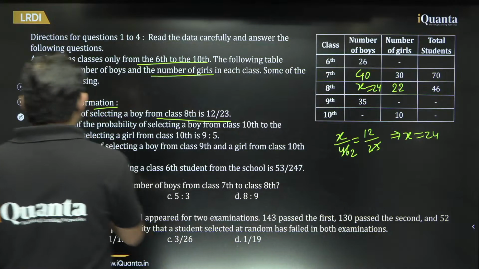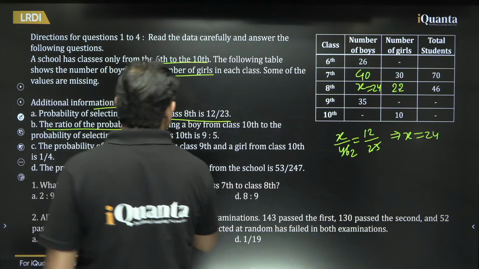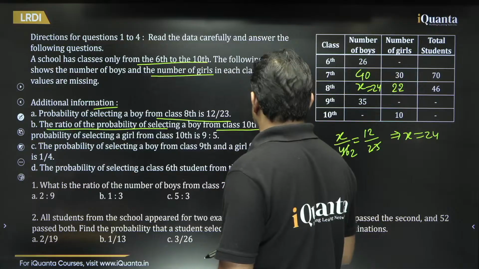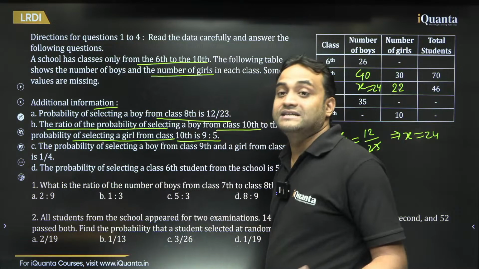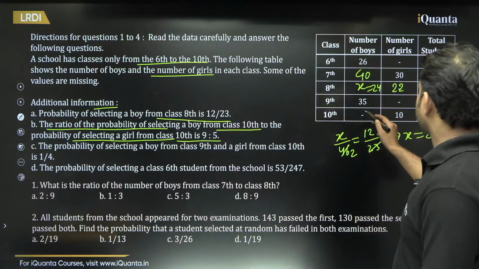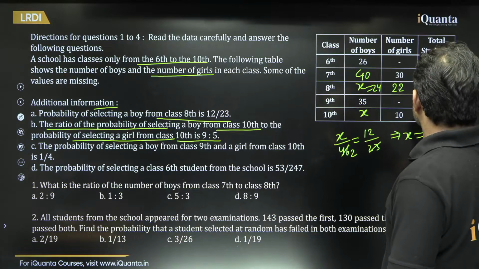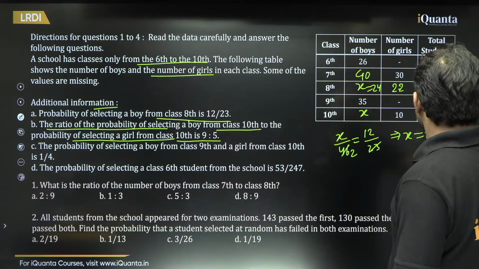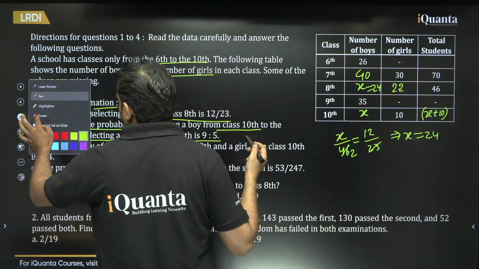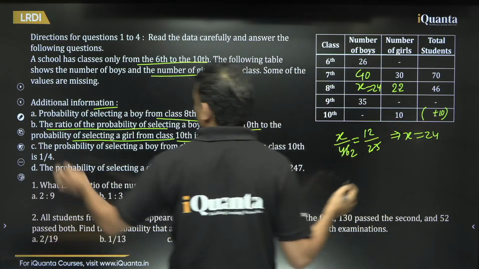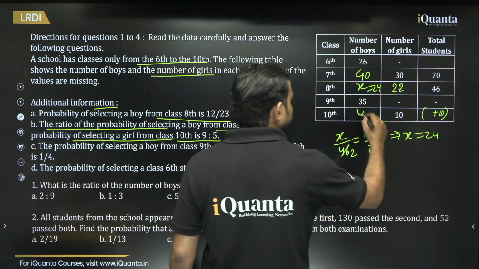Then point B says the ratio of probability of selecting a boy from class 10th and the probability of selecting a girl from class 10th is 9 by 5. If this is y, this will be y plus 10.